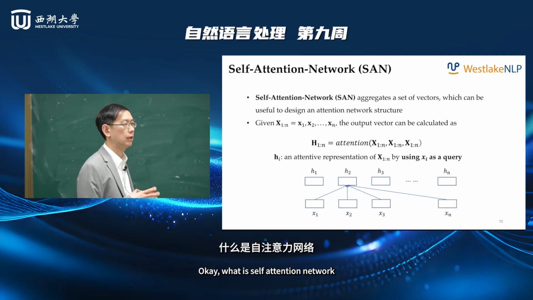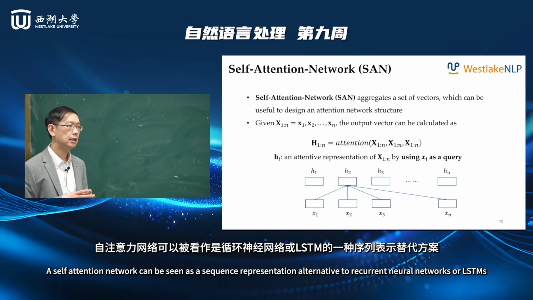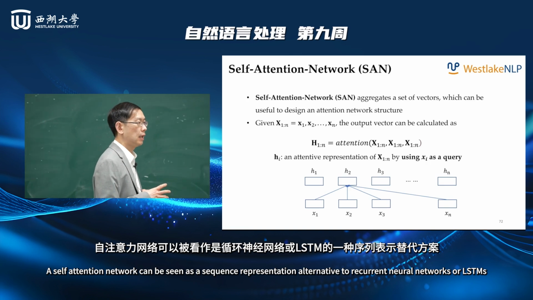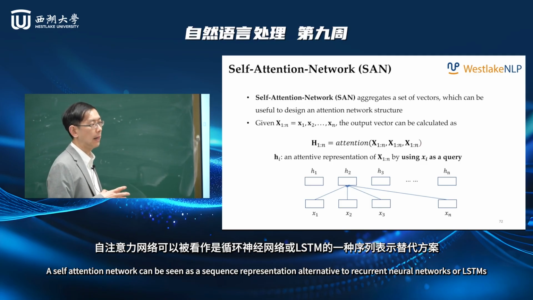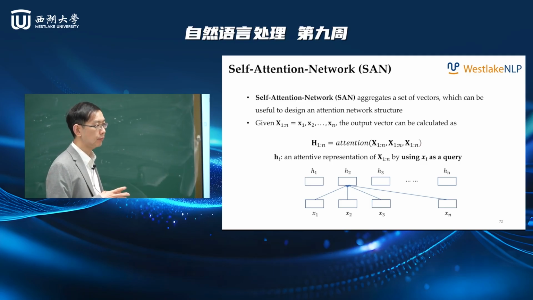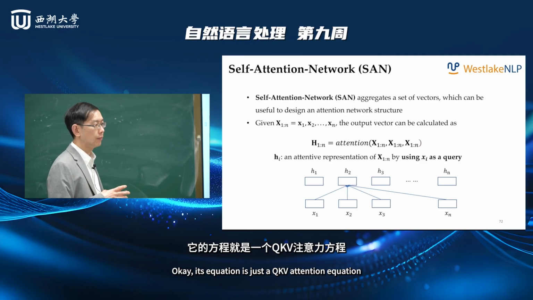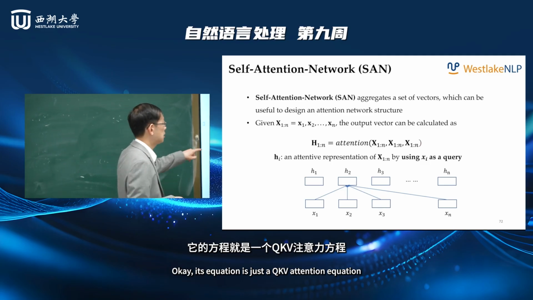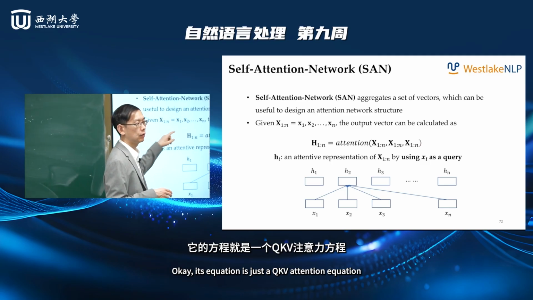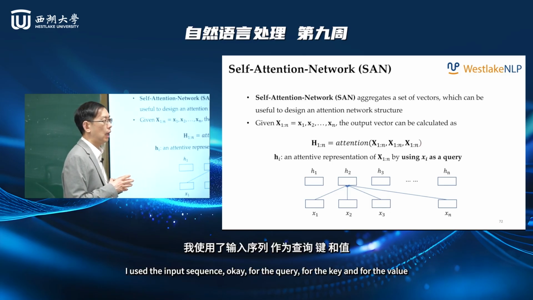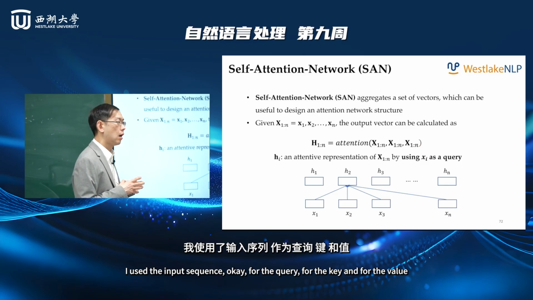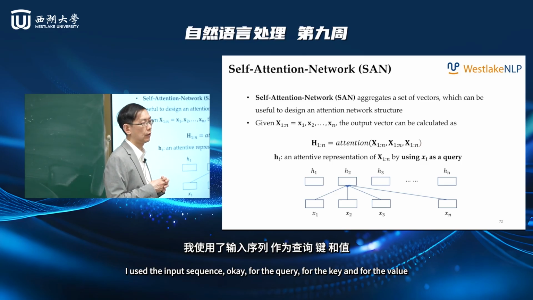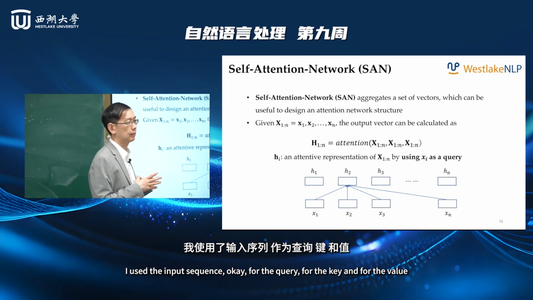What is a self-attention network? A self-attention network can be seen as a sequence representation alternative to recurrent neural networks, or LSTMs. Its equation is just a QKV attention equation. I use the input sequence for the query, for the key, and for the value.